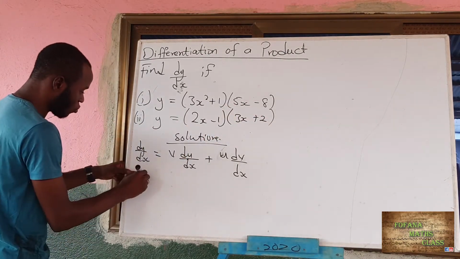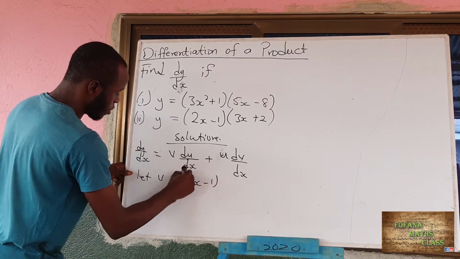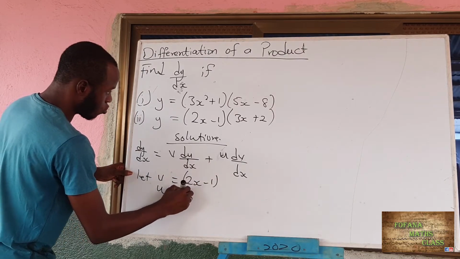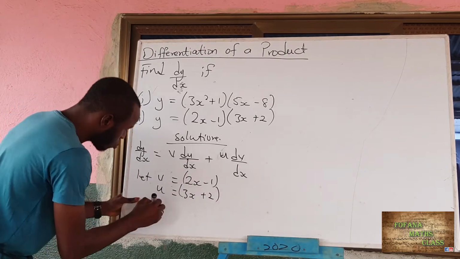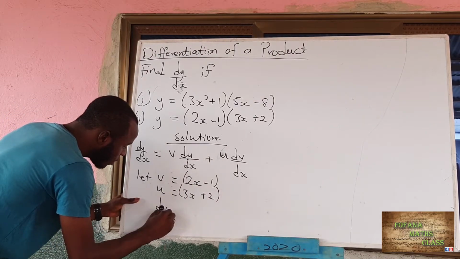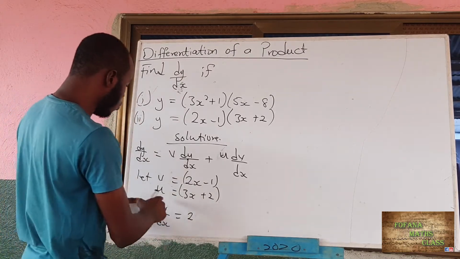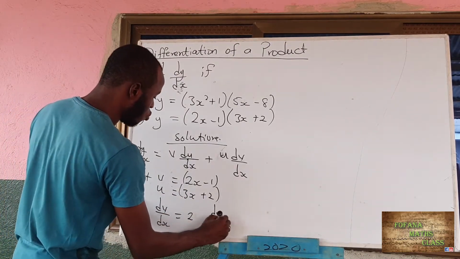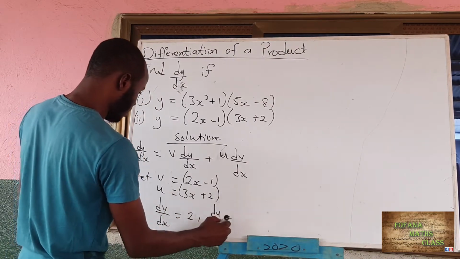So the first thing that we have to do is to let v be equal to 2x minus 1, and then u be equal to 3x plus 2. So now when we differentiate v, we'll have dv/dx equal to just 2. And when we differentiate u, we'll have du/dx also equal to just 3.